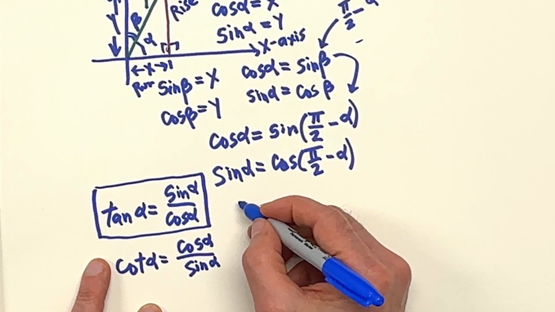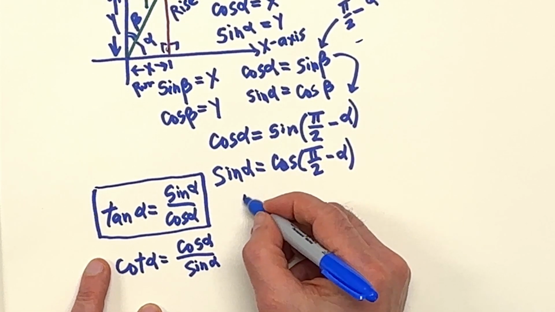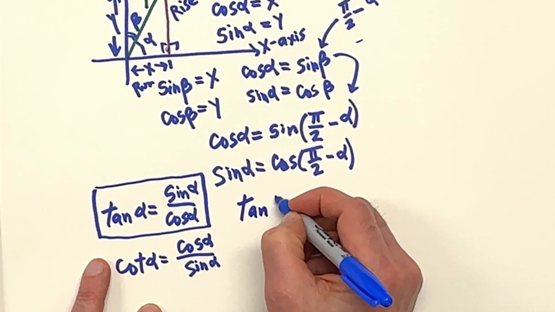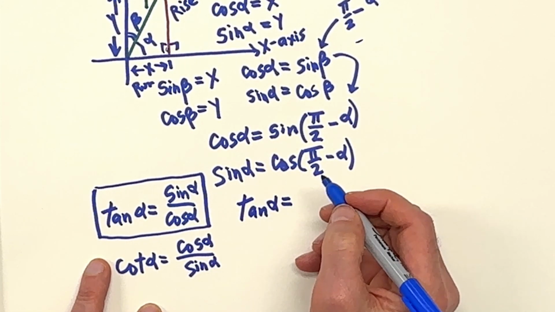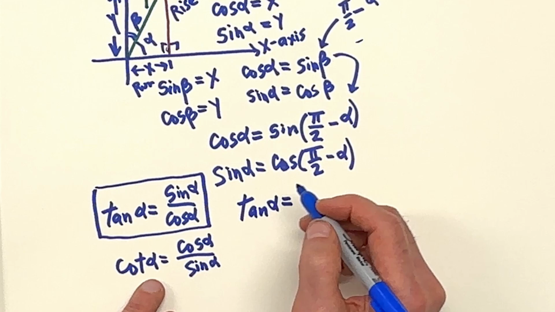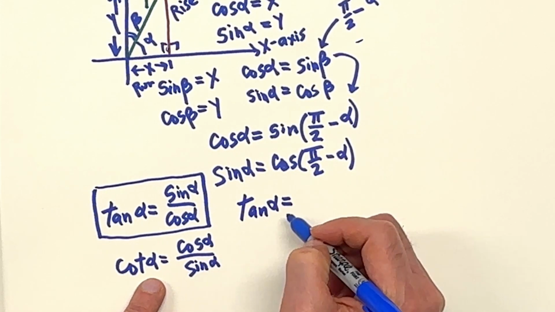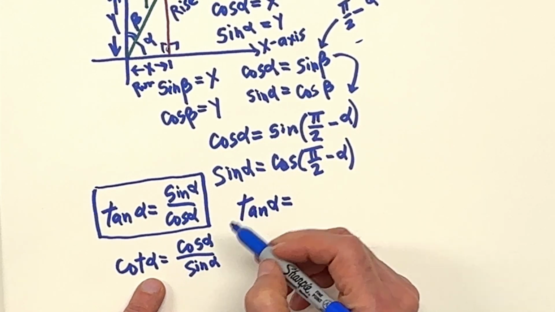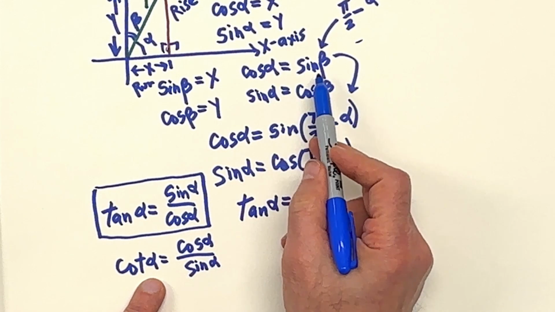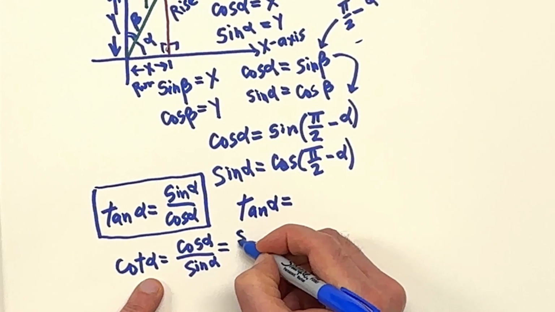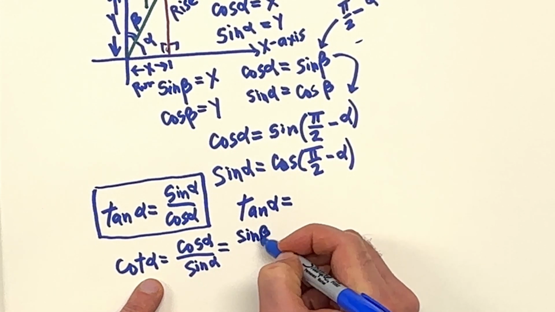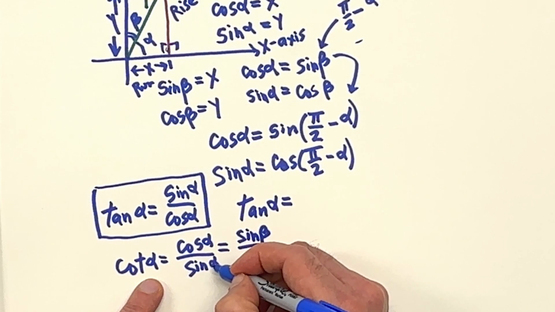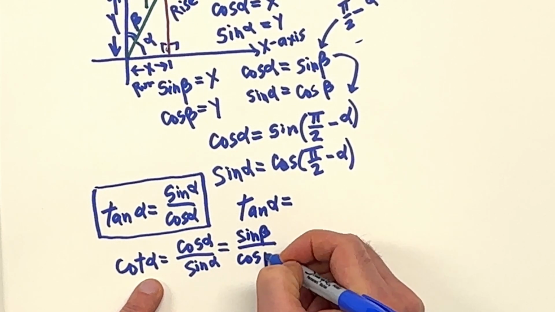So we could write the equation that the cotangent of alpha is equal to, in terms of beta, watch this trick, the cosine of alpha is the sine of beta, so this would be the sine of beta, and the sine of alpha is the cosine of beta.